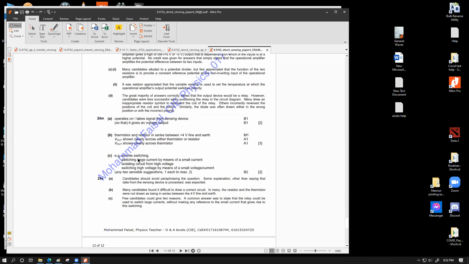Remote switching মানে হচ্ছে, if you want to sense your variables, light or temperature or acoustic sounds or vibrations in one place and operate a device in a different place.